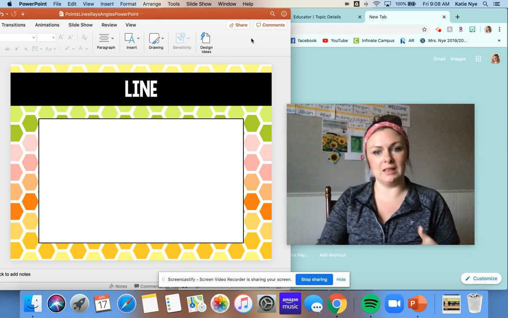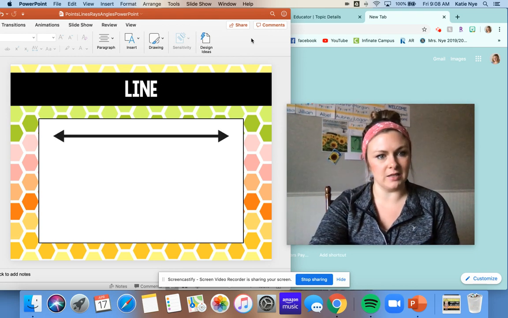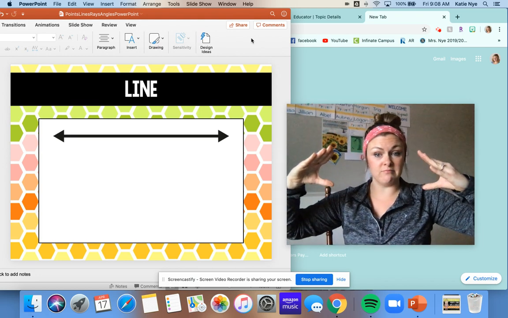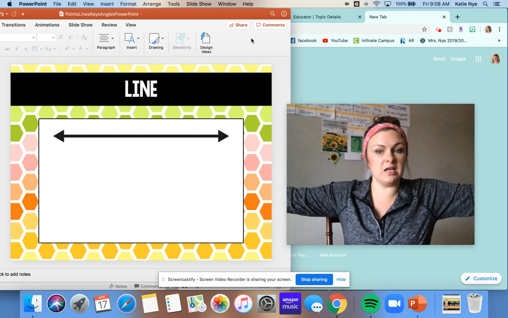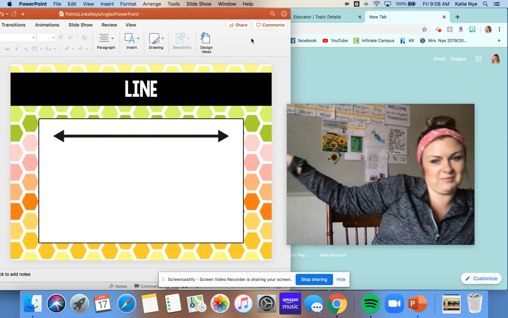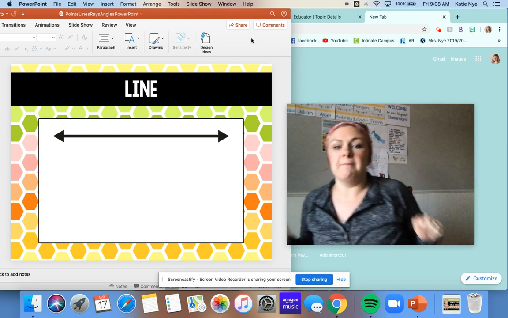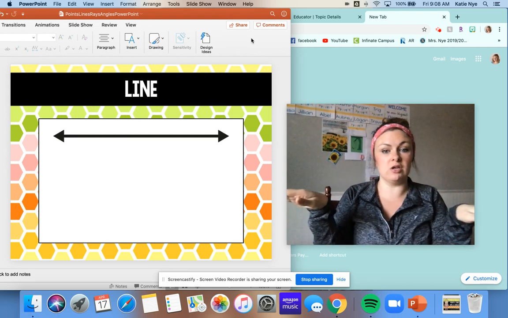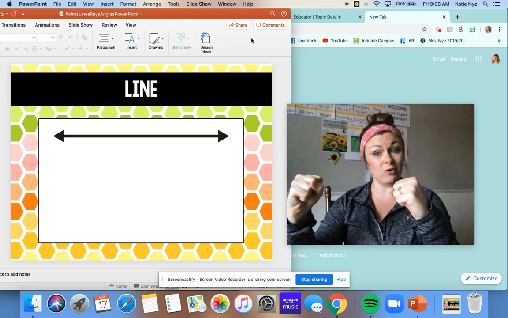Then we have lines. So let's talk about what a line is. On this line, you're going to notice that there are arrows in both directions. So it goes on and on in both directions. You can't see the end of my arms on here, but a line goes on and on in both directions. So to show that, I'm not going to put points on the end of my arms.